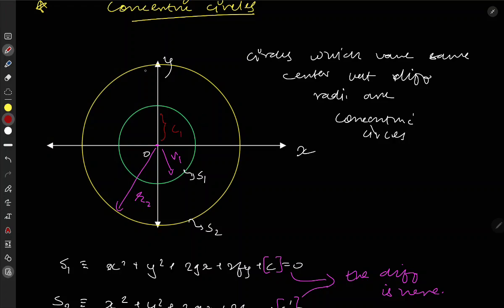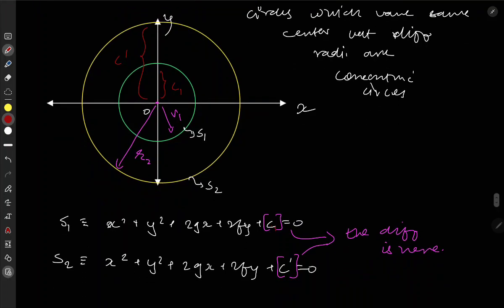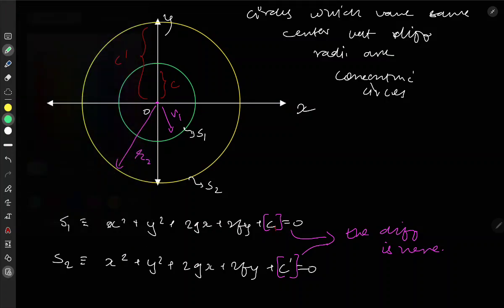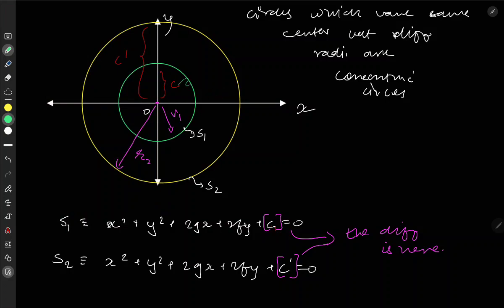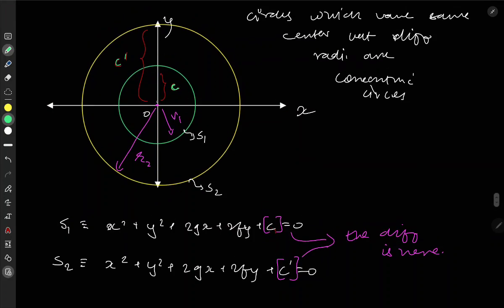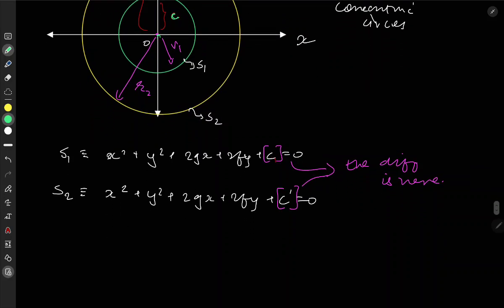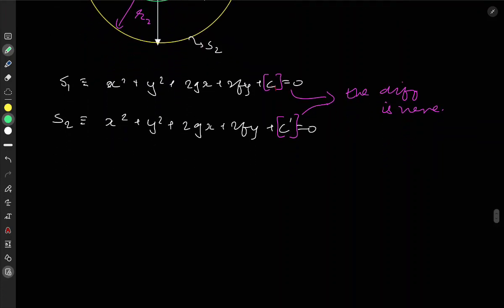This is C while that is C dash. So you could see graphically much more clearly that this C is different and the C dash is different, while the center is the same for both of them. So this is the only change and an easy to remember theory for concentric circles.